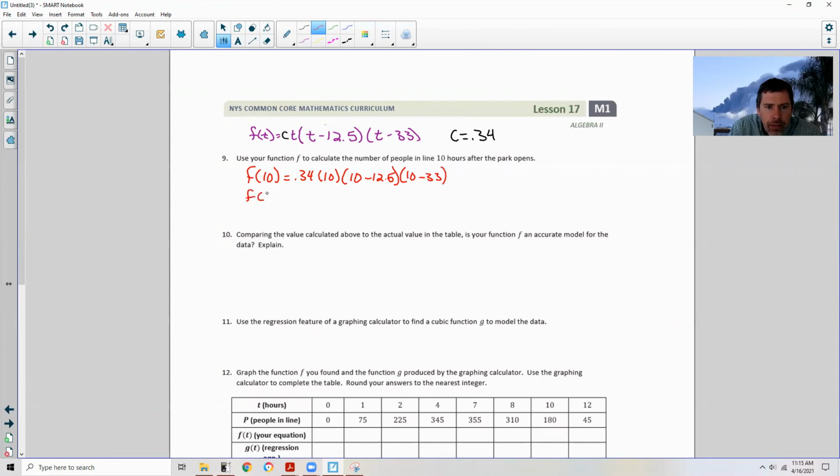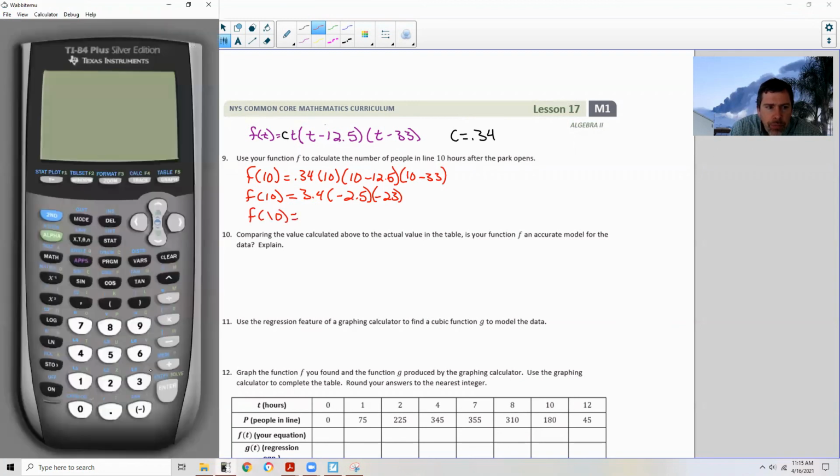So f of 10 is going to equal 3.4 times negative 2.5 times negative 23.